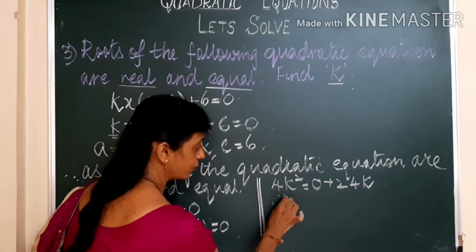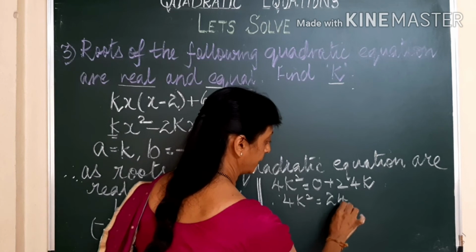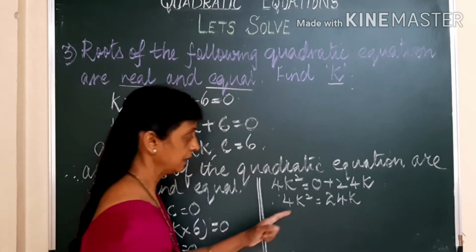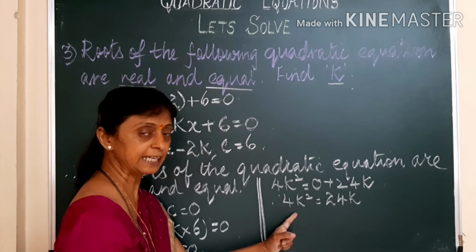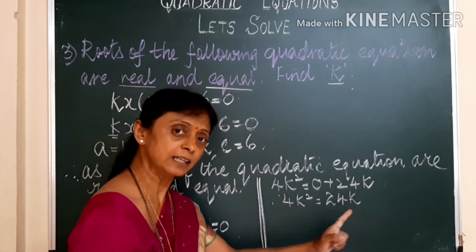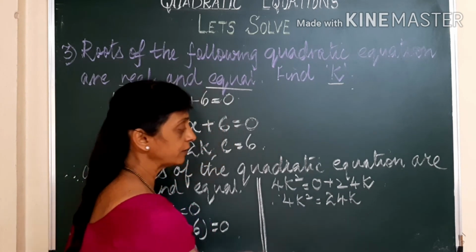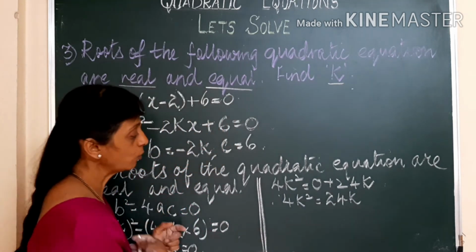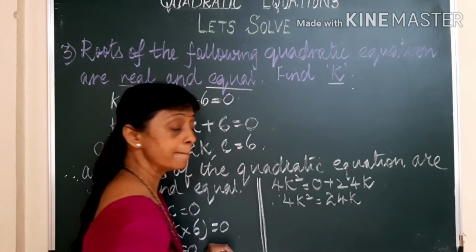Now, therefore, 4k square is equal to 24k. Here, children, now either you take k on the other side, and in the next step take 4 on the other side, so all the numerical numbers you have on the other side and variables on one side. So let's first take k on the left hand side. k is performing multiplication.